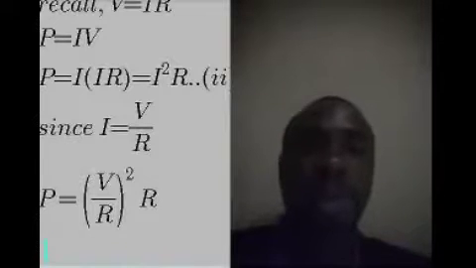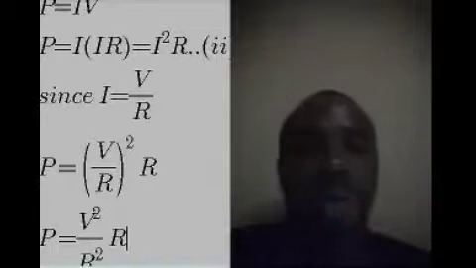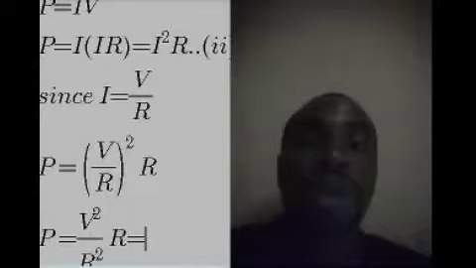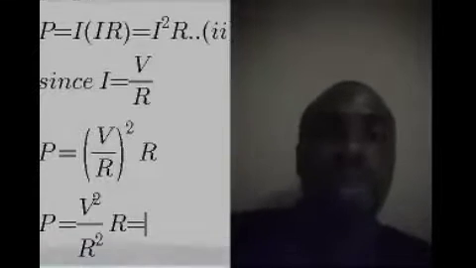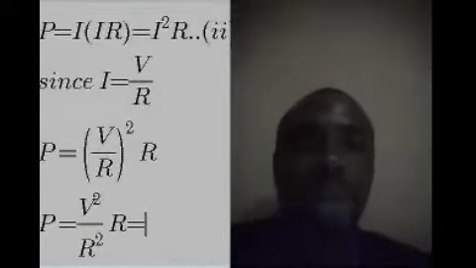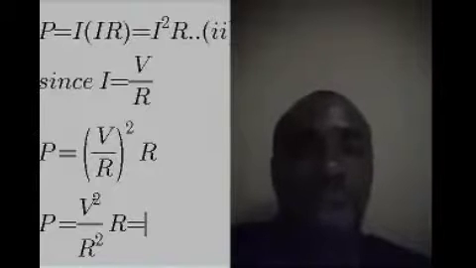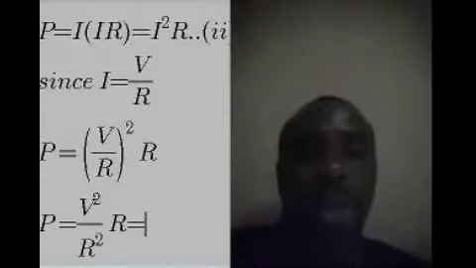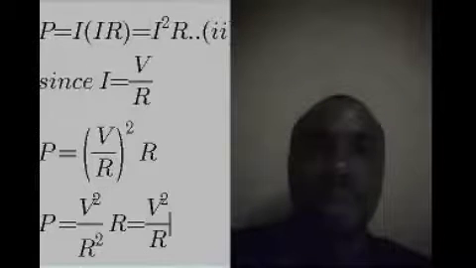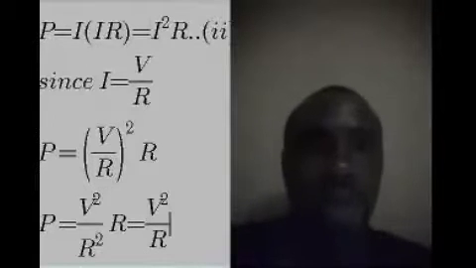And let's simplify it further. P is now equal to V squared over R squared times R, right? And you know, there's an R at the top and R at the bottom, so they will cancel each other out. You are quite familiar with that concept. Once they cancel, our final answer will be V squared over R.